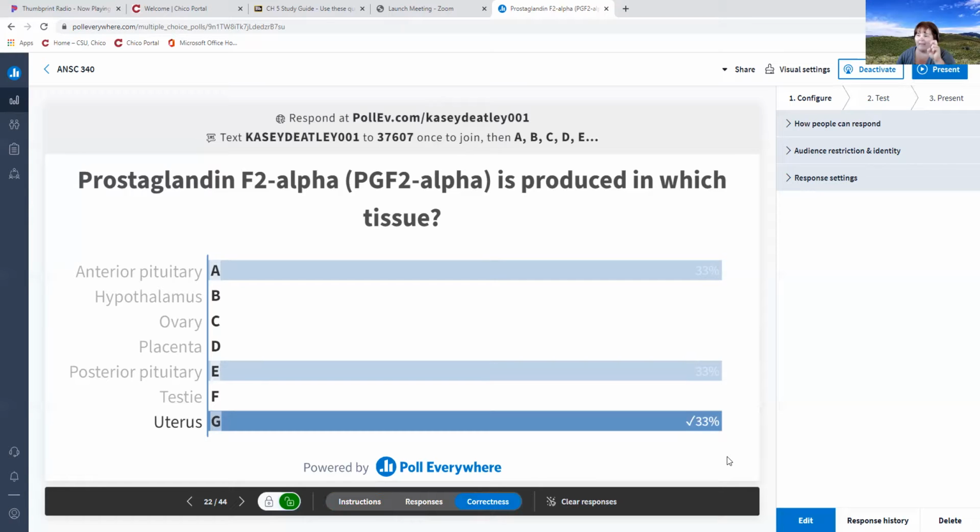We call that lysing. It basically bursts the cells and kills the cells of the CL. The whole idea is to get it to regress so that the follicle on the ovary can become the dominant structure, and we can go through the estrus cycle again so that we could try to get her pregnant.